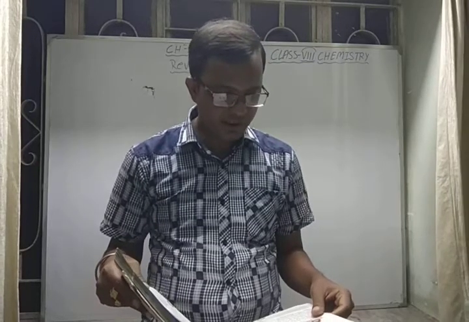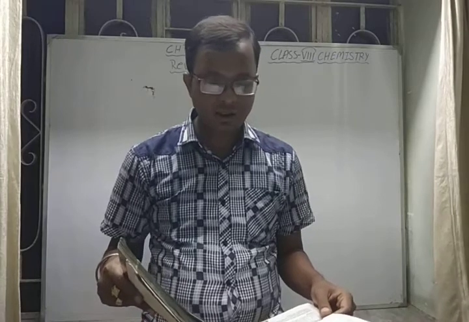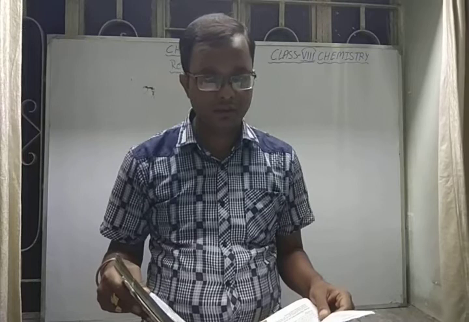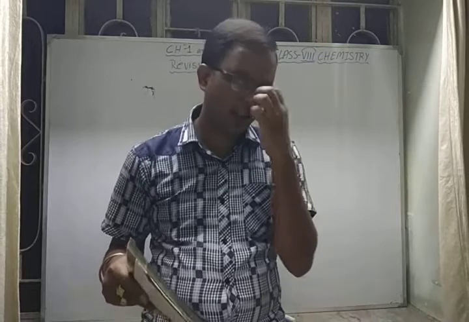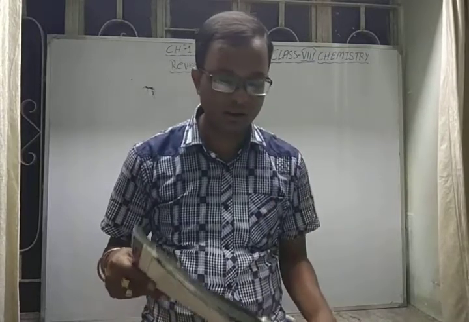Then some properties of matter: shape, size and density. Solids have fixed shape and fixed volume, but liquids have no fixed shape, though they have fixed volume, and they take the shape of the container in which they are kept.